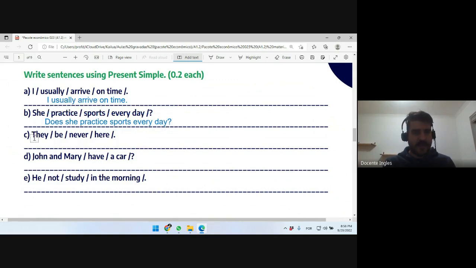Letter C, they be never here. So verb to be in the present simple with they, are never here.